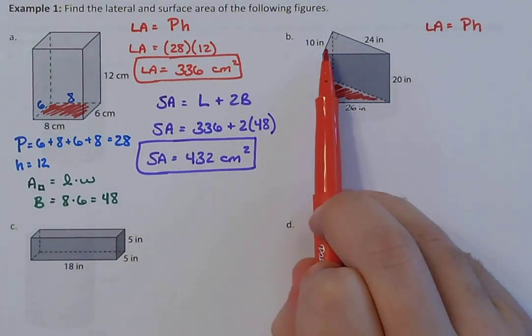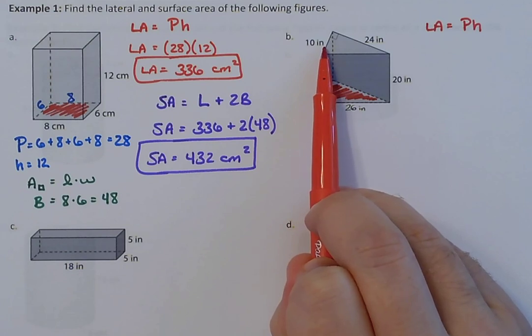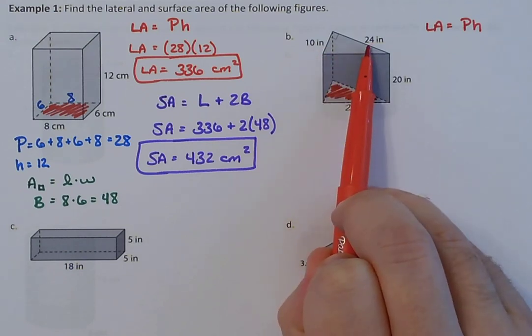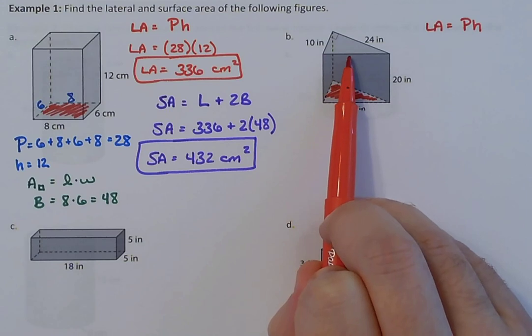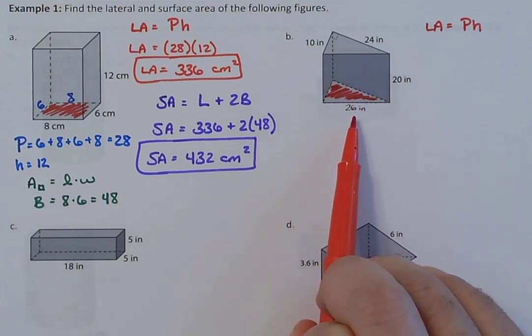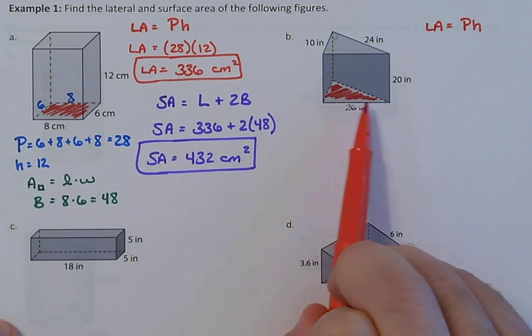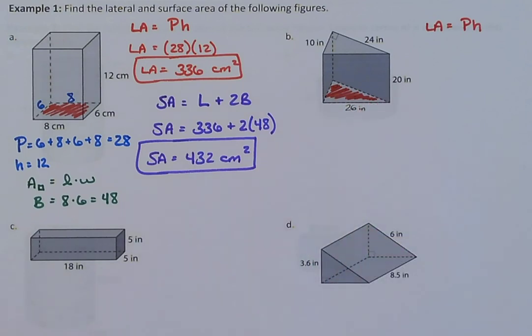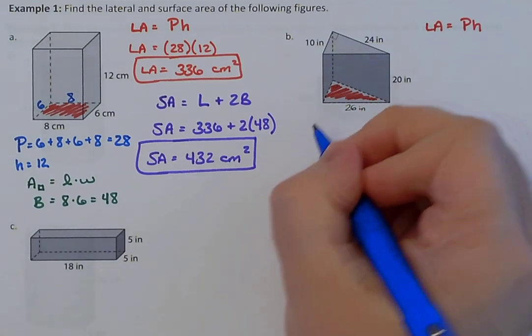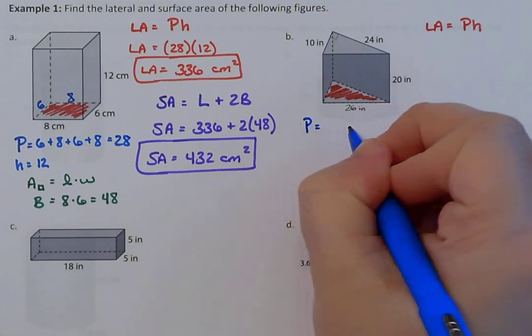Now, they tell us that this side of the base is 10 and this side is 24. Now, they don't tell us this side, but I've provided it for this problem, and it is 26. If you can't read that fully, that is a 26. So we know all 3 sides for our base, so that is going to help us figure out our perimeter.